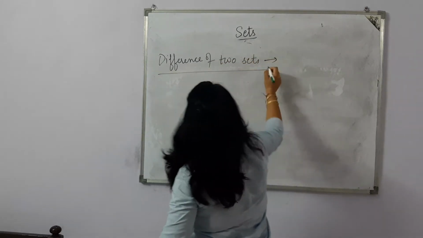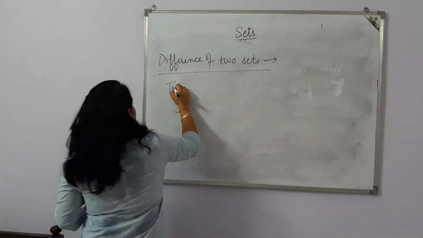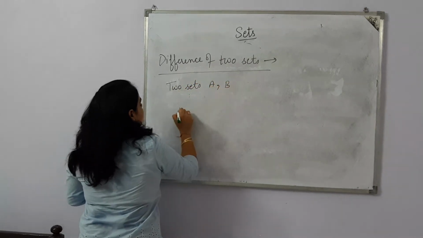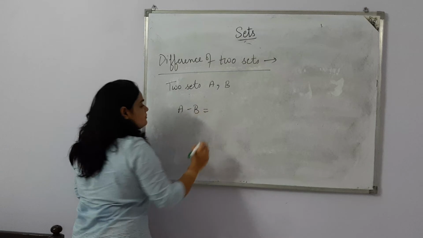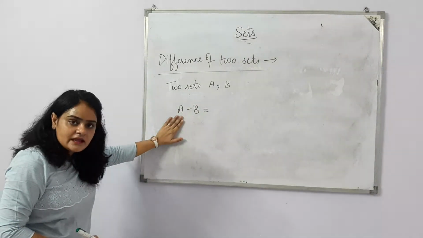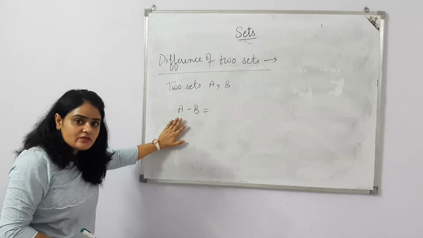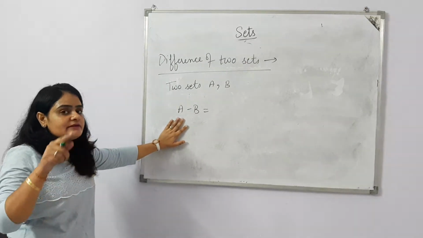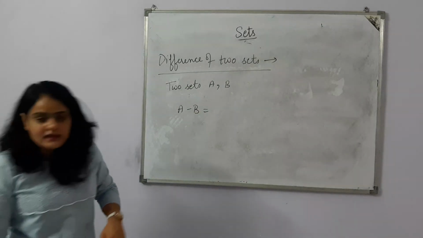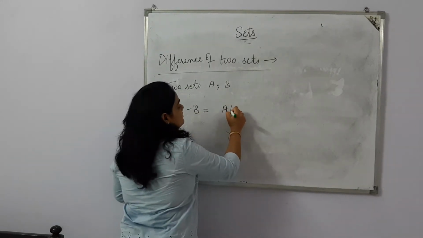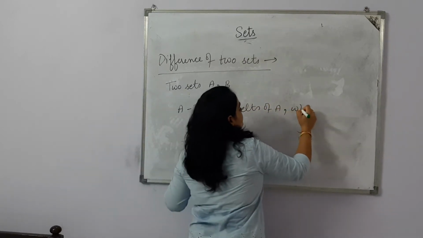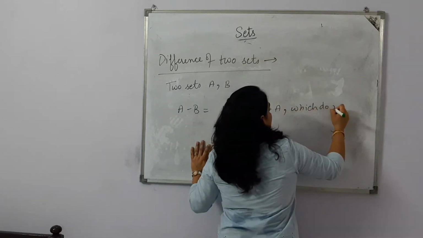So, if we have two sets, A comma B, and if we want to find A minus B, it means all the elements of A except the elements of B. That means all the elements of A which do not belong to B.